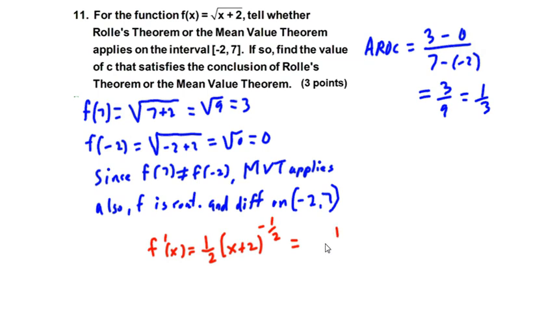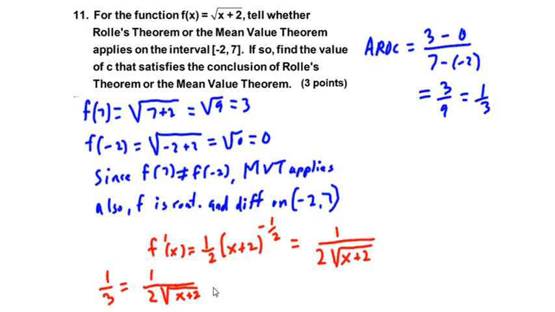1 over 2 square root of x plus 2. And what we're going to do is set this equal to 1/3. So we say 1/3 is equal to 1 over 2 square root of x plus 2.